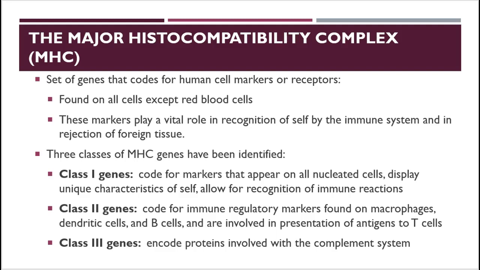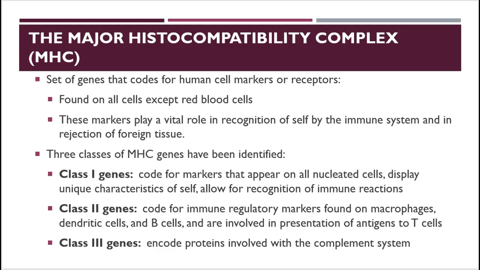And these markers play a really significant role in our immune system being able to recognize and distinguish self cells from foreign substances. There are 3 different classes of genes in the MHC.